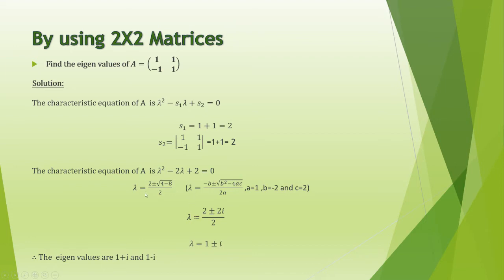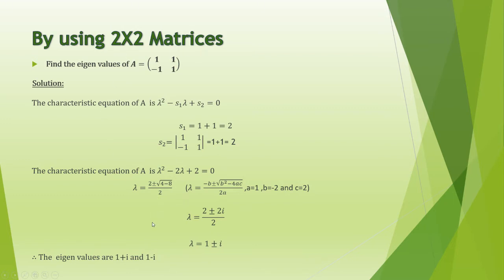So we are getting 2 plus or minus root of 4 minus 8, by 2. 4 minus 8 is minus 4, which is a complex number. The root of minus 4 is 2i. Taking 2 common in the numerator and cancelling the 2 in the numerator and denominator, finally we get lambda equal to 1 plus or minus i. So here we are getting two roots: one is 1 plus i and another is 1 minus i. So this is the example for the 2 by 2 matrix.